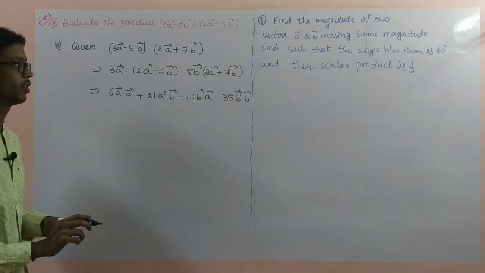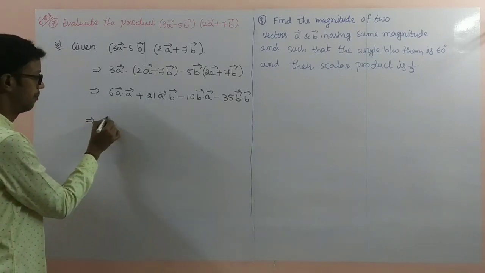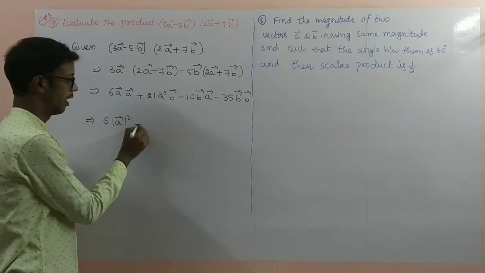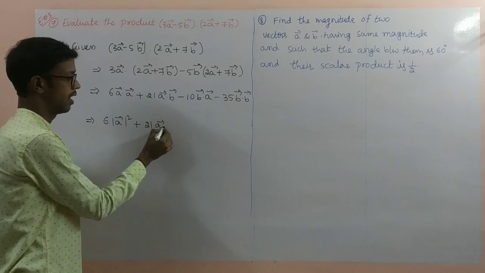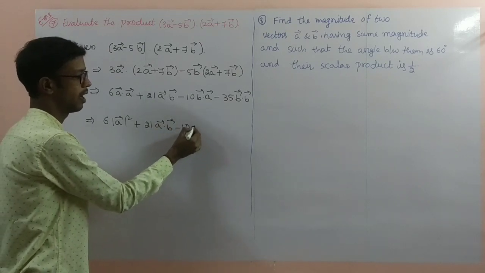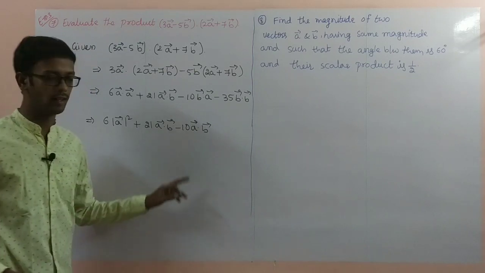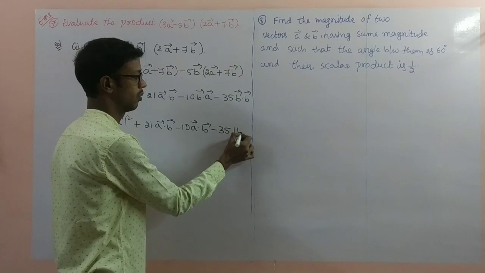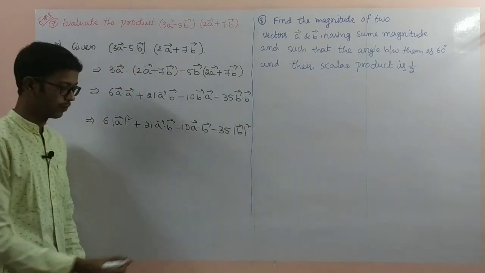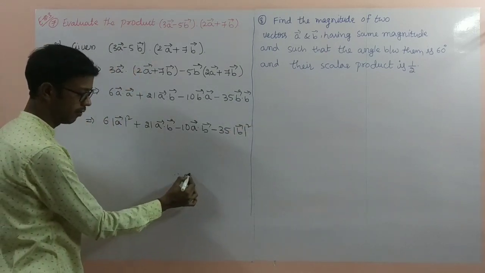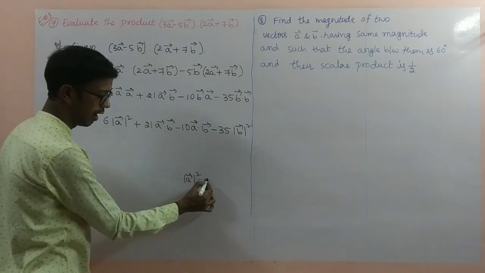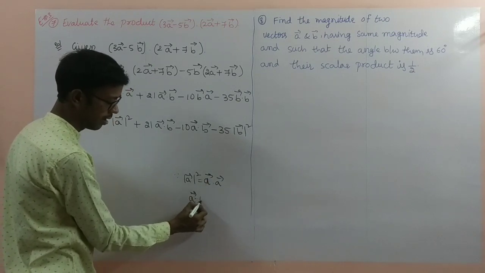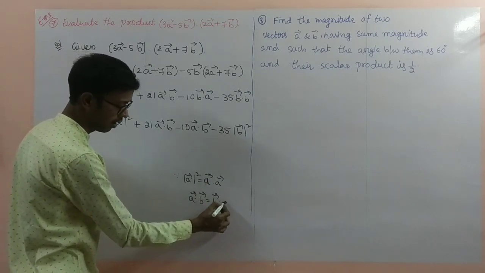In the previous problem also we discussed, the note point is that a bar dot a bar is magnitude of a bar square. So 6 magnitude of a bar square plus 21 a bar dot b bar minus 10 a bar dot b bar, we can write this as a commutative property, minus 35 magnitude of b bar square. The conditions are: magnitude of a bar square equals a bar dot a bar, and a bar dot b bar equals b bar dot a bar.